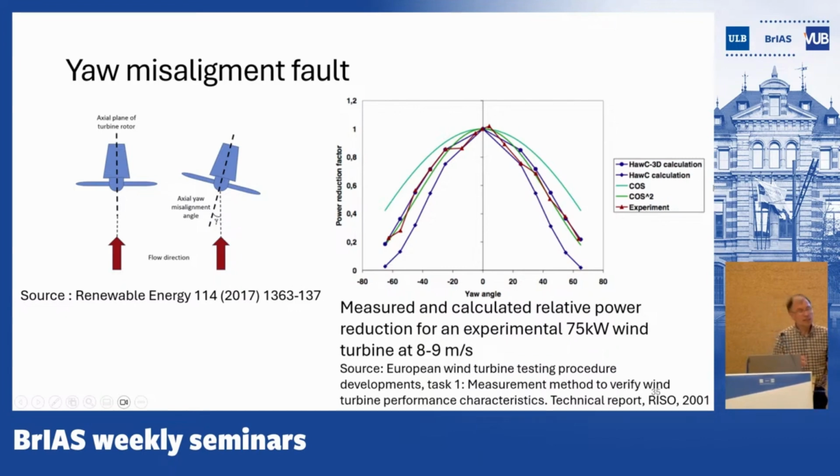And this yaw misalignment induces a reduction in the produced power of the turbine. To show this, this is an experimental curve, with the little triangles here, obtained for a 75 kilowatt experimental wind turbine. And you see that indeed with a non-zero yaw angle, the produced power is decreased.